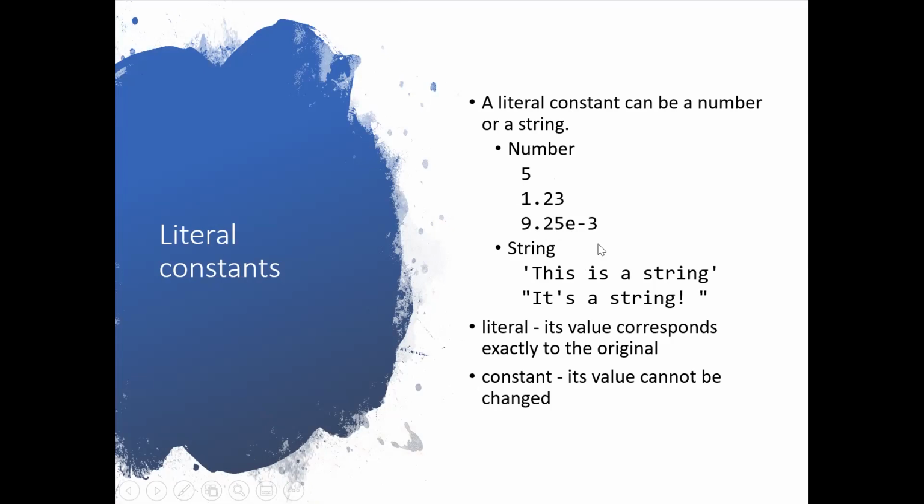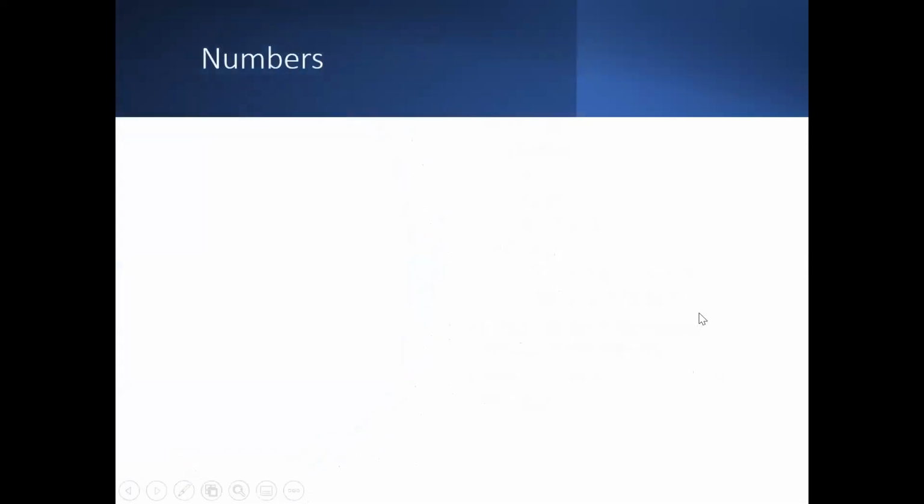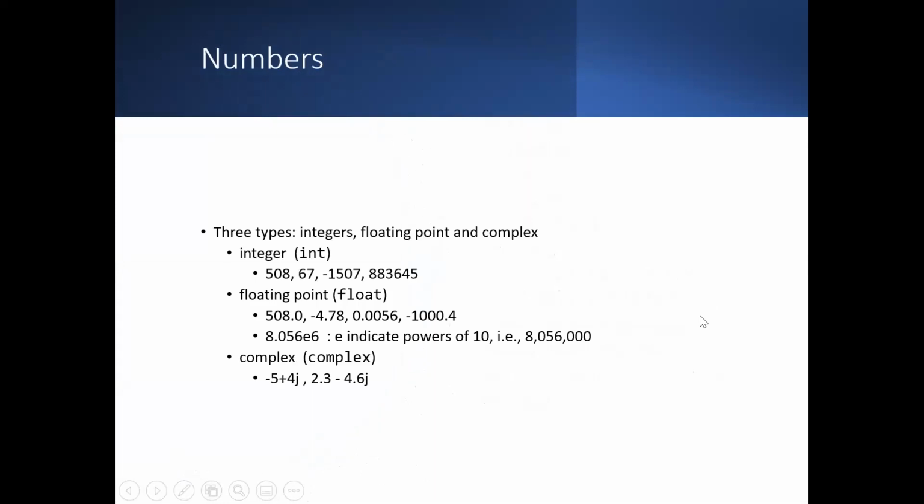And this is how you may use strings. I already discussed that to print a message you can use single quotes, and at the same time double quotes. So the three types I will explain now.